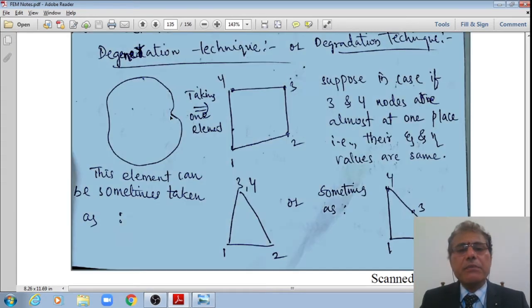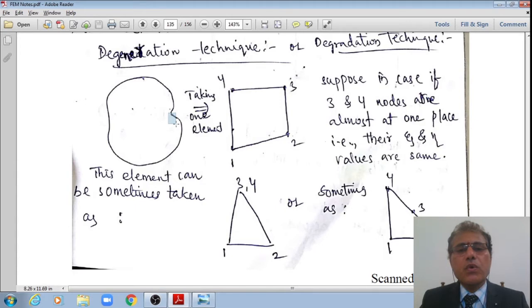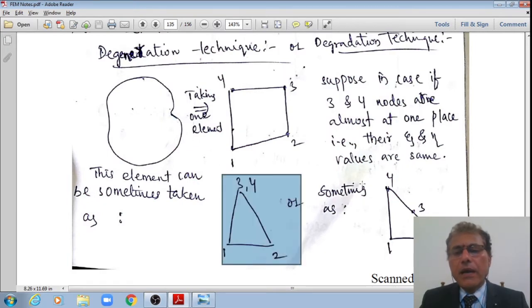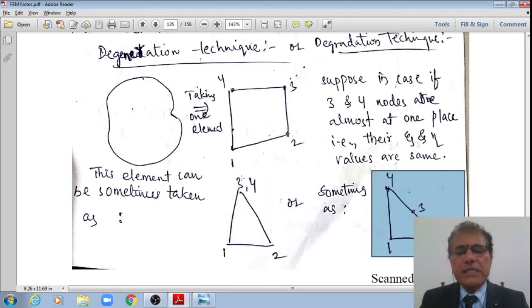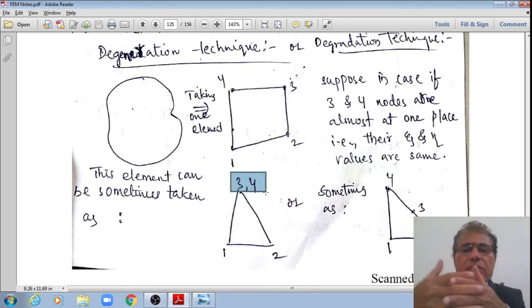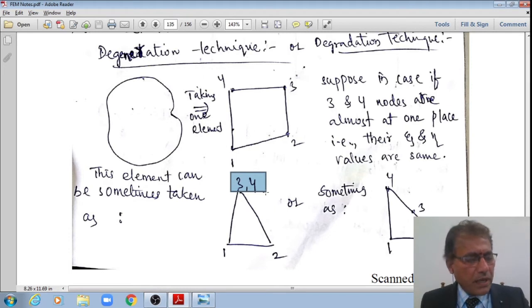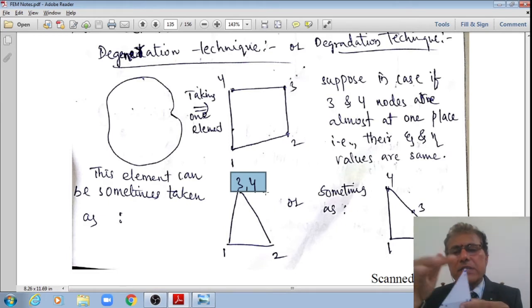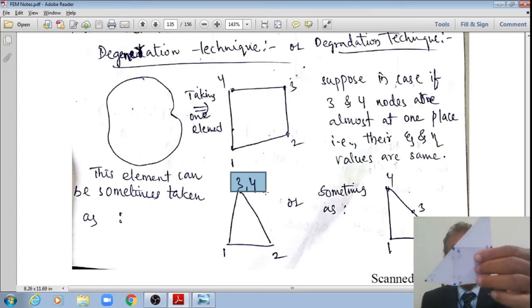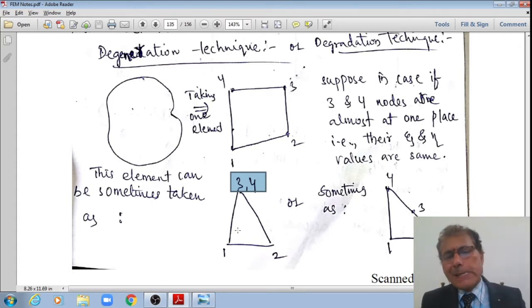Therefore, that may sometimes force us to choose an element that seems as if it is a triangle like this, where in such a case two nodes will be merged one with the other. Actually, it is a four noded quadrilateral, but two nodes are merged together, leading to a triangular element, right?